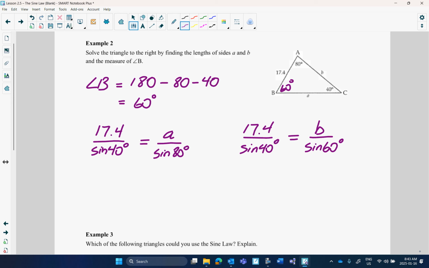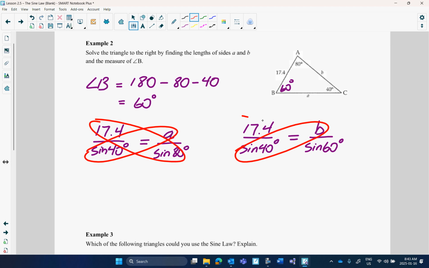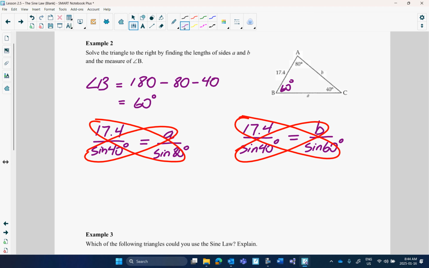So again, to get them, cross multiply each one. So we're going to get a times sine 40 degrees is equal to 17.4 times the sine 80 degrees. Divide both sides by sine 40 to get a by itself.